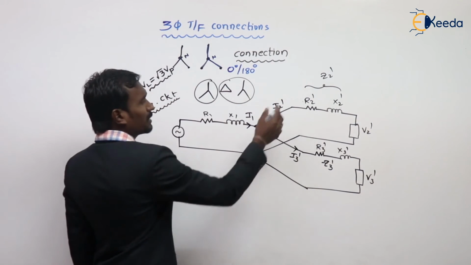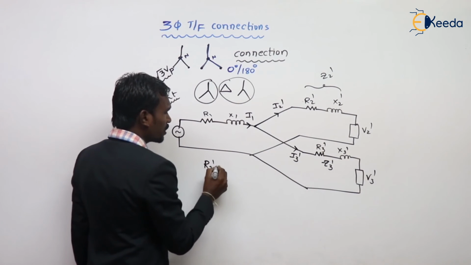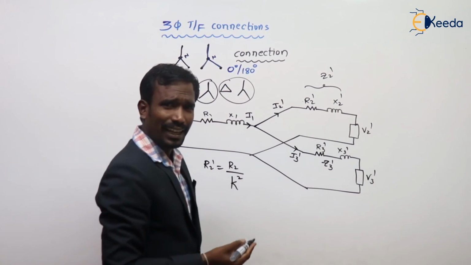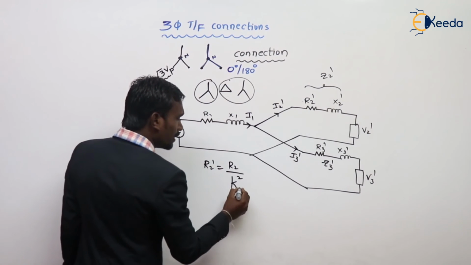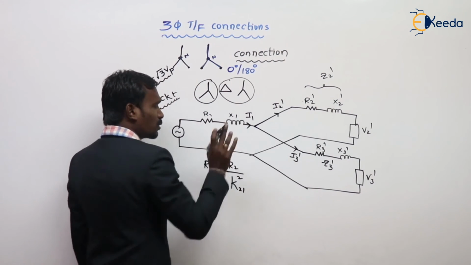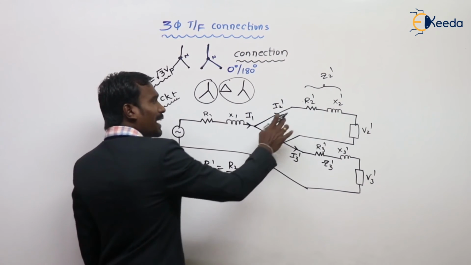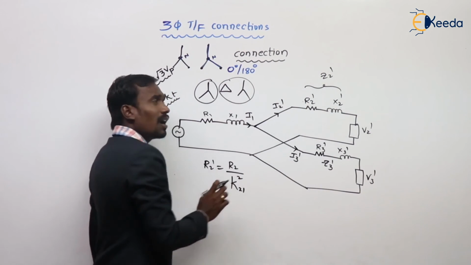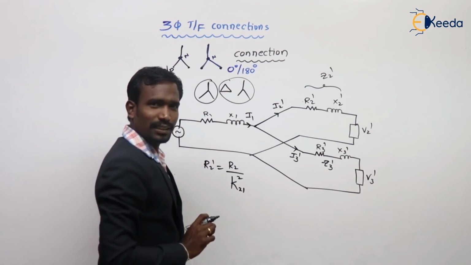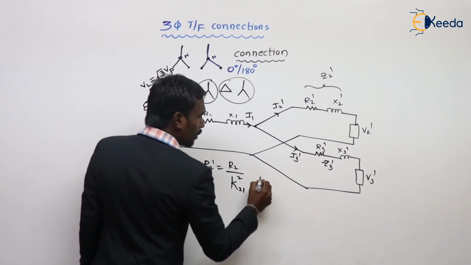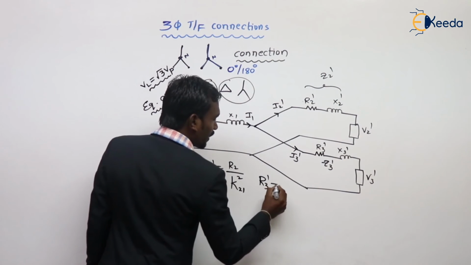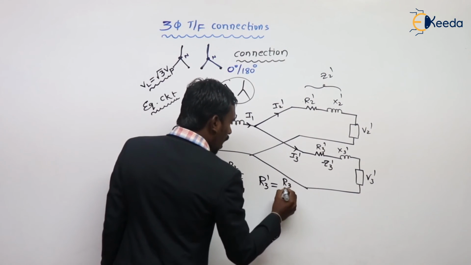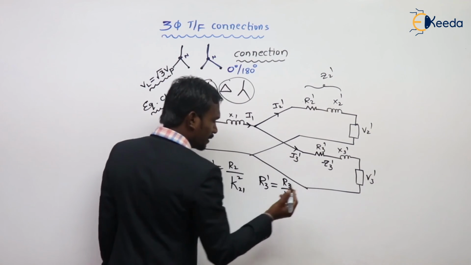Sir, can you tell me what is R2 dash? R2 dash is equal to R2 by K squared. Sir, what is K? K is equal to N2 by N1 or E2 by E1. Sir, what is R3 dash here? R3 dash is equal to R3 by K squared.